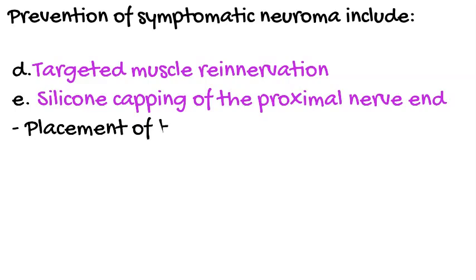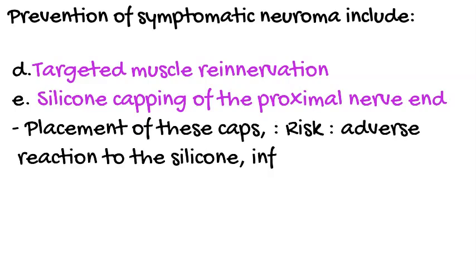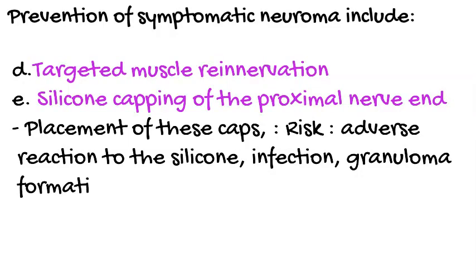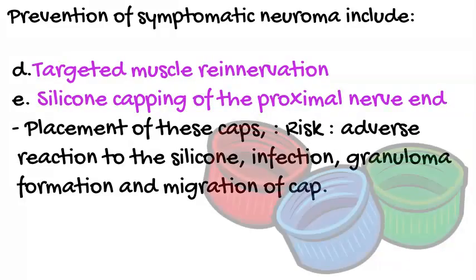And E. Silicone capping of the proximal nerve ends. However, the risks involved are an adverse reaction to the silicone, infection, granuloma formation, and migration of the silicone cap.